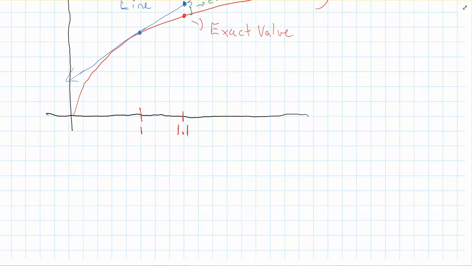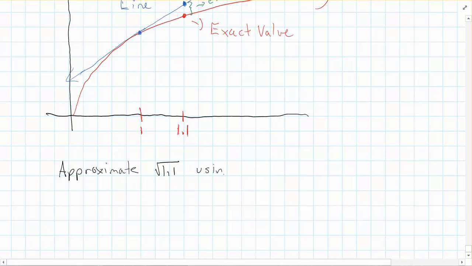So we want to approximate the square root of 1.1. And we're going to say here, using a equals 1. And in this equation here, I'm going to write the approximation down again.